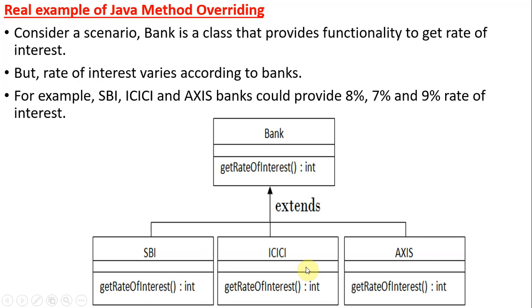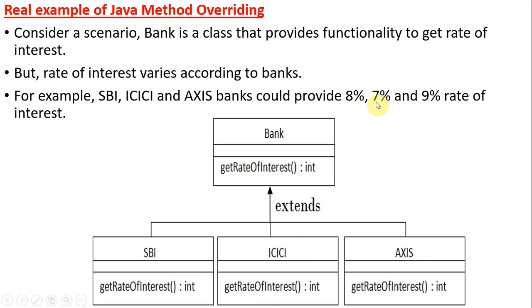When it comes to the rate of interest of a specific bank, let's take an example of SBI having 8% ROI, rate of interest, whereas different banks have different interest rates on different loans.